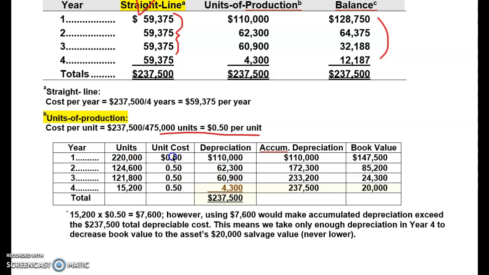So 220 times 0.5 is 110, 124.6 times 0.5 is 62.3, and for year 3, 121.8 times 0.5 is 60,900.